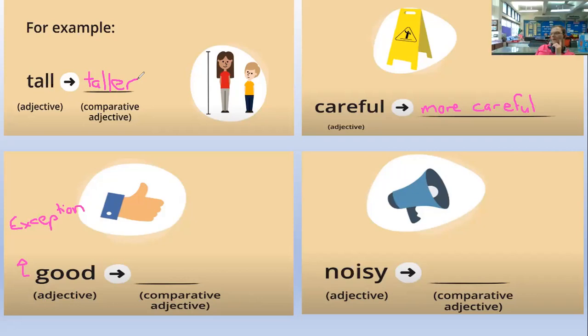Okay, well, listen carefully. It does not follow the rules. For good, I will help you because it is an exception. It's totally different. So it changes to a new word. Good becomes better.